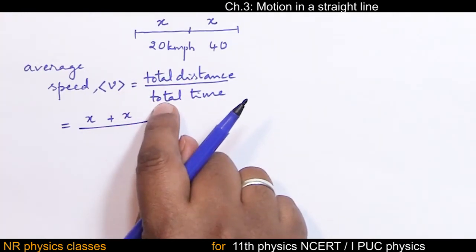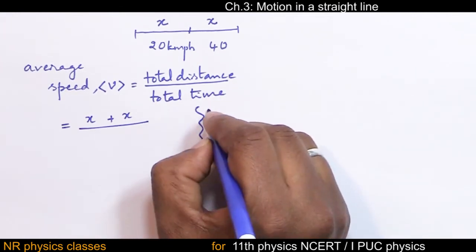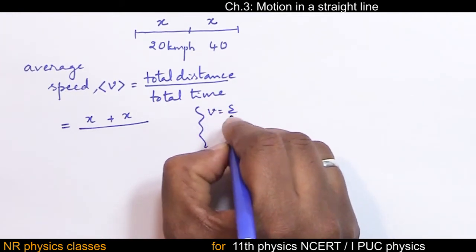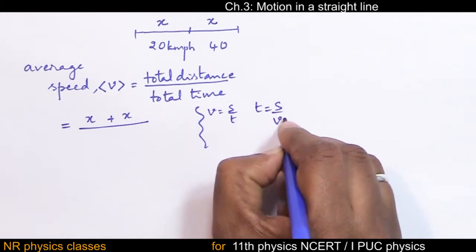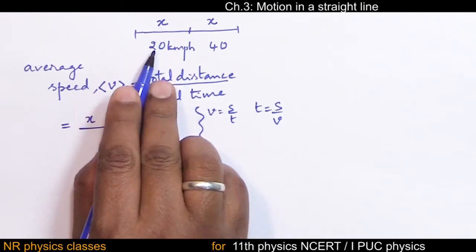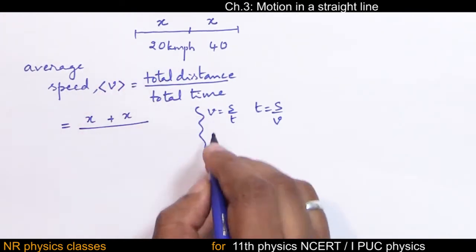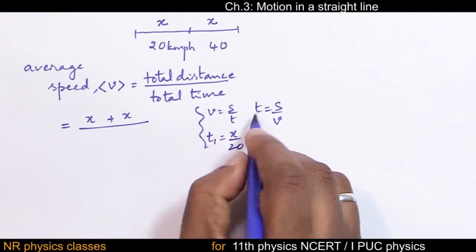Now we have to find the total time taken. Speed equals distance by time, or time equals distance by speed. So the first time interval T1 is x by 20.